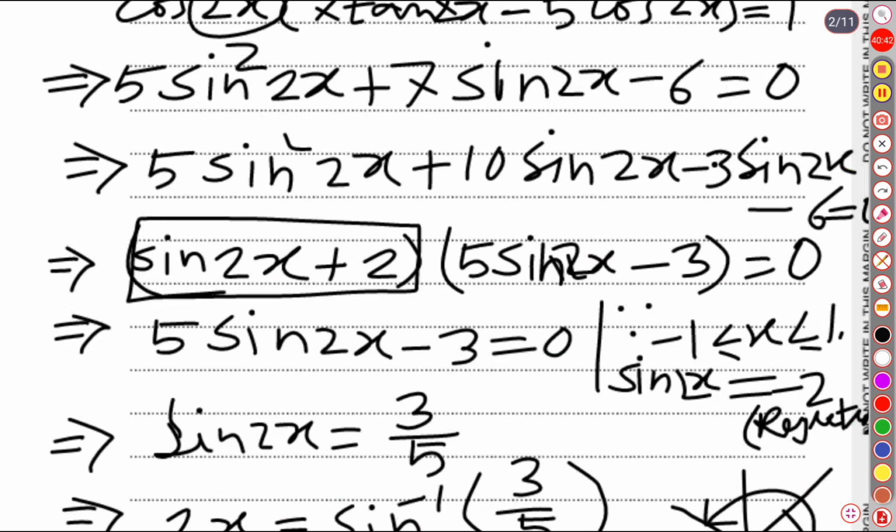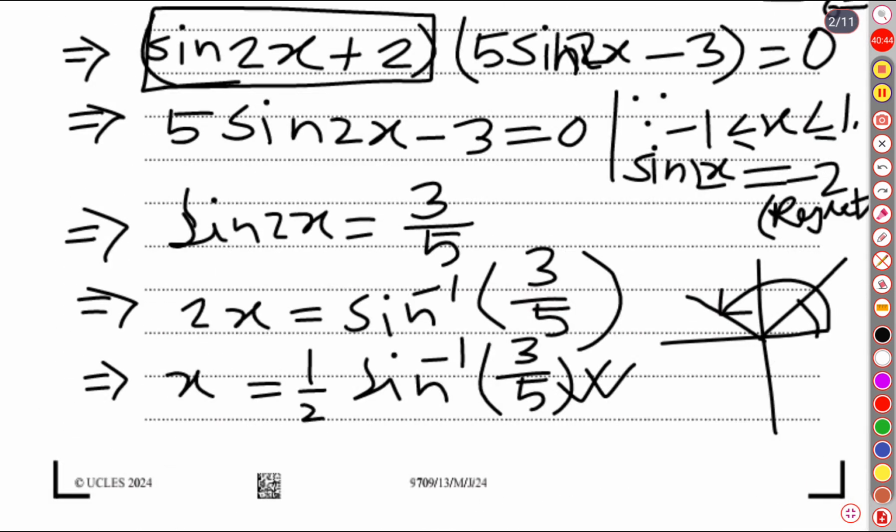We can apply this concept. Here, sine inverse of 3 over 5, you can use your calculator. If you just write sine inverse of 3 over 5, it will show the value, then you will multiply. A half can be multiplied later on.